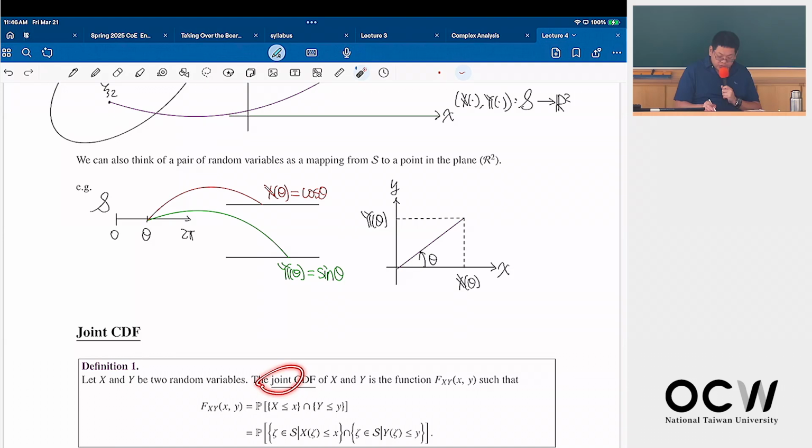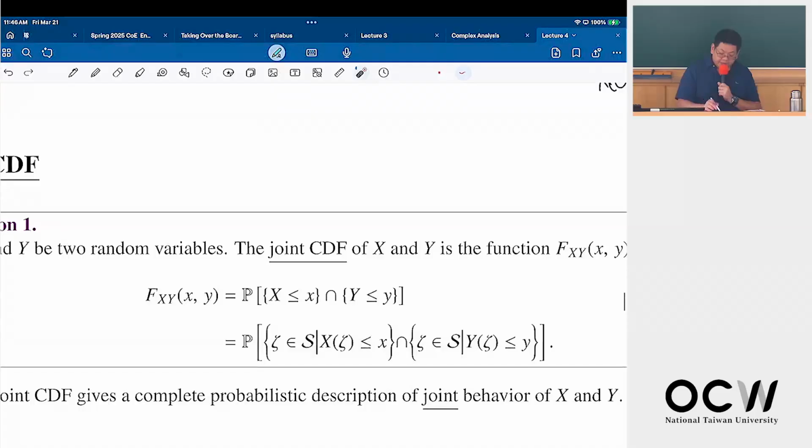The joint CDF of x and y is this function F of x, y. A CDF is always a probability, even though it is a joint CDF. And here the probability is that x is less than or equal to some point, intersect y also less than or equal to some point.